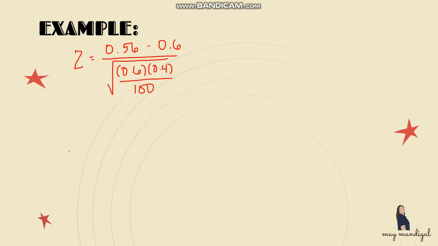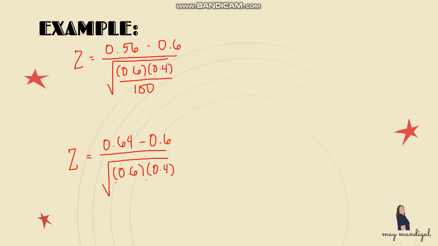And then for the other one, we have to solve for 0.64 minus 0.6 all over the square root of 0.6 times 0.4 all over 100. So the values that we will get here are negative 0.82 for the first one, and 0.82 for the other one.